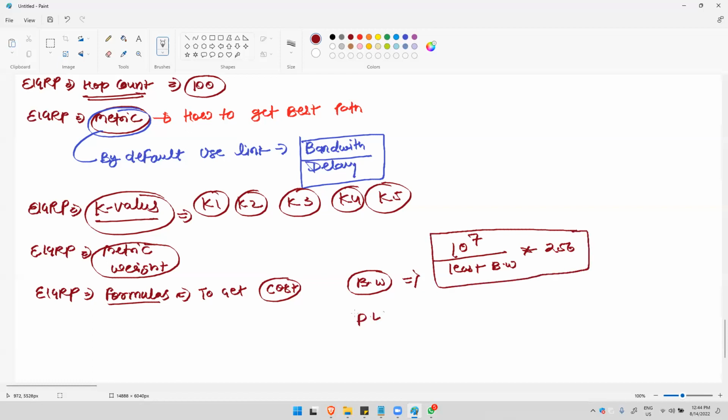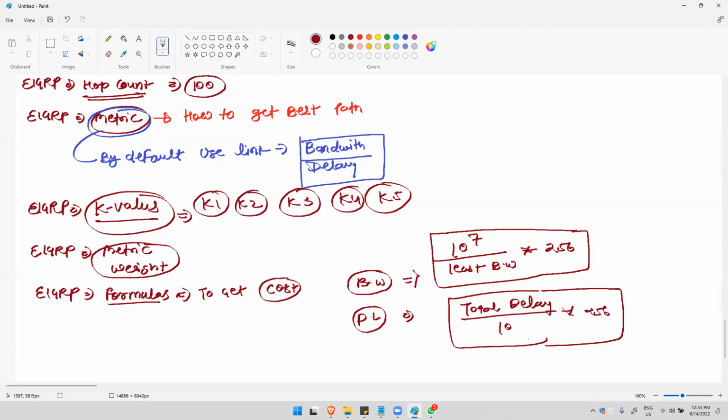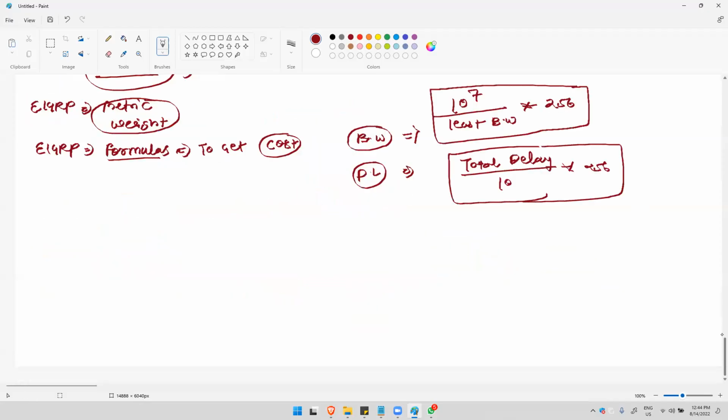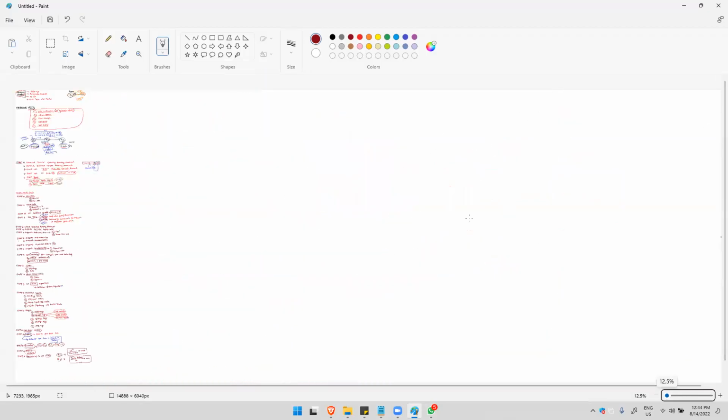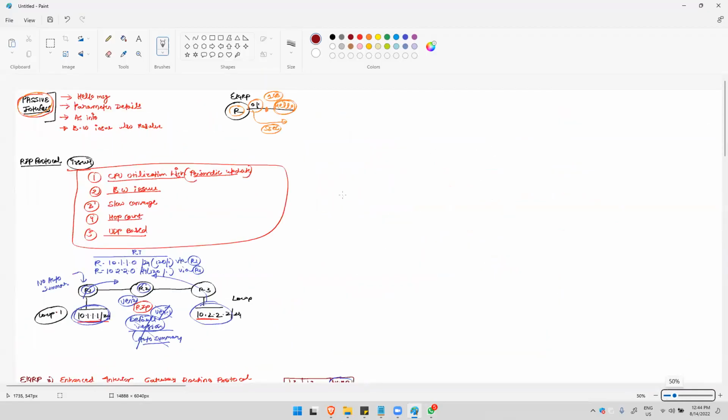And delay is a separate formula: total delay upon 10, multiplied by which value? 256. Clear? Now one more thing.